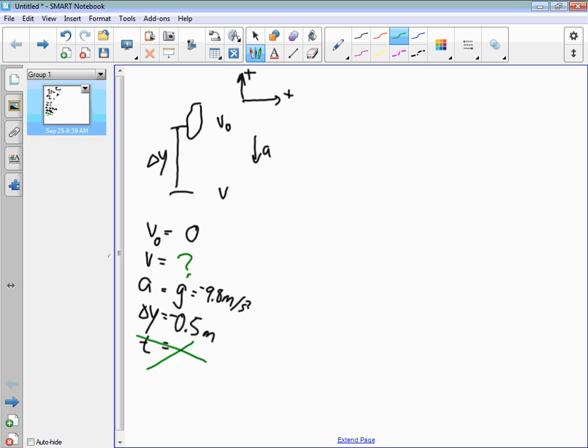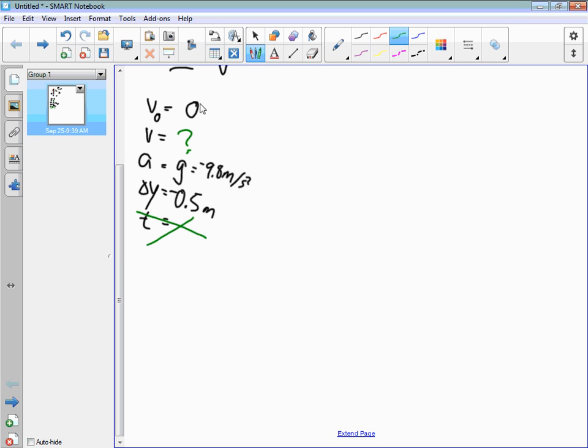The velocity final squared equals velocity initial squared plus 2 on your papers it says 2AD, but we're going with delta y. Do we have to do any rearranging? Not really. V final is already on one side.